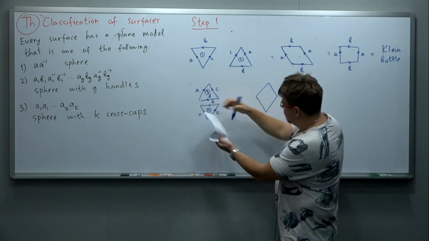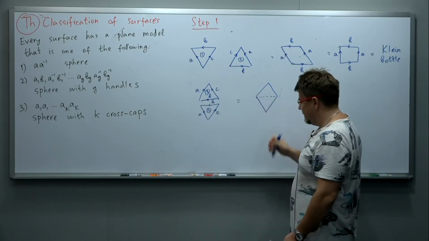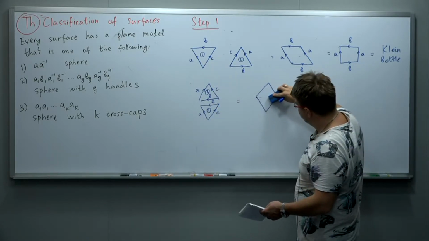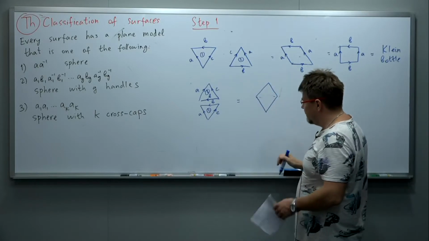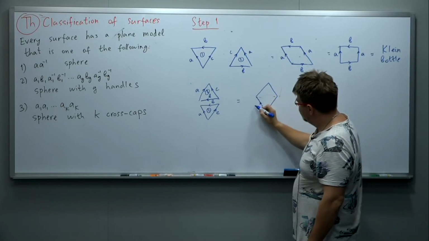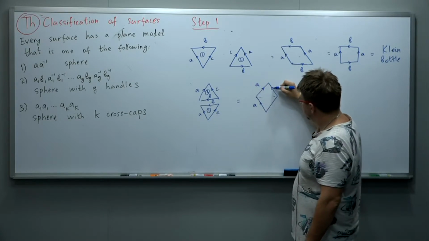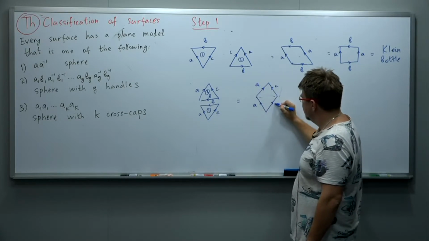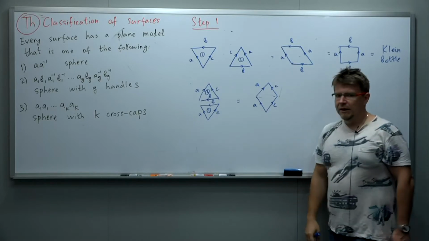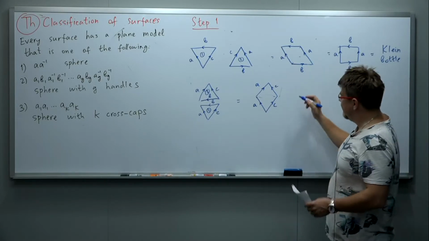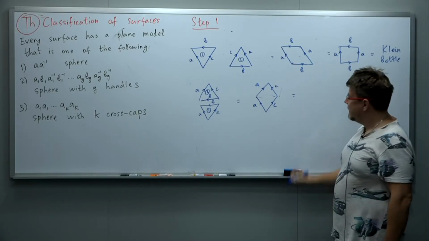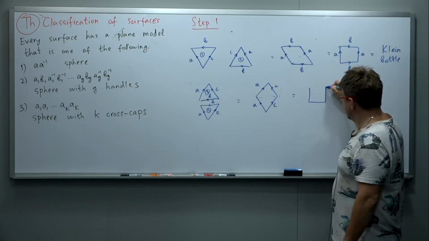Now, if I'm gluing them back together, this is what I'm going to get. Now I'm putting them together, so this is going to be my B. But since I've glued along B, I don't really need to remember this B anymore. So this is going to be A, this is going to be A, this is going to be C, and this is going to be C. Well, now maybe a couple of remarks.